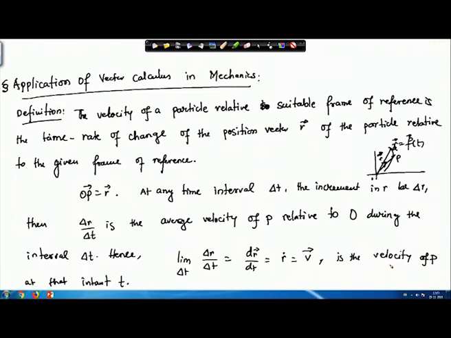So, if we have a curve, let us say r is equal to f(t), then of course the curve along which P is moving is called the trajectory. The locus of P is called the trajectory, the curve or the path it follows.